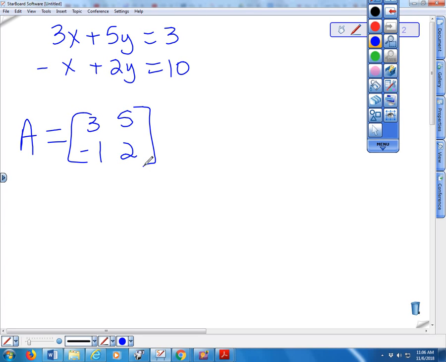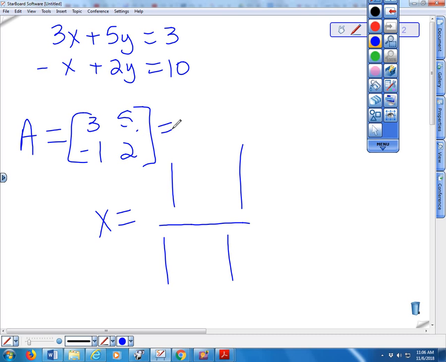Yeah. Okay, so to find x using Cramer's rule, we're going to have a numerator and a denominator. Okay, the numerator is going to be a determinant, and the denominator is the determinant of this. What is the determinant here?